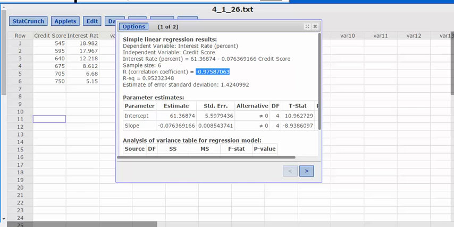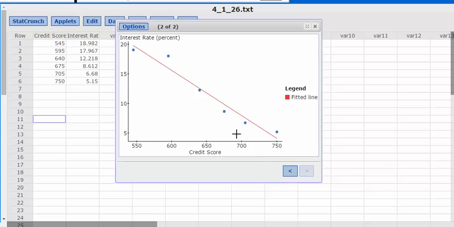Now, the other thing that's interesting is to get the scatter plot that goes along with it, because we know that the scatter plot can visually identify outliers for us. Outliers would be data points that are very far away from the regression line or from the other values.